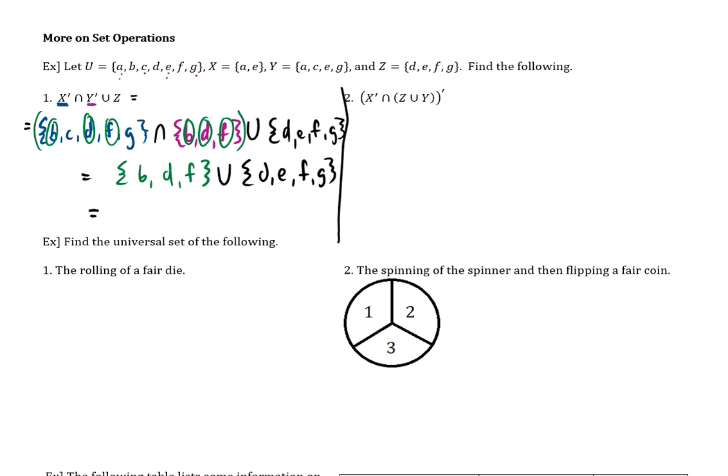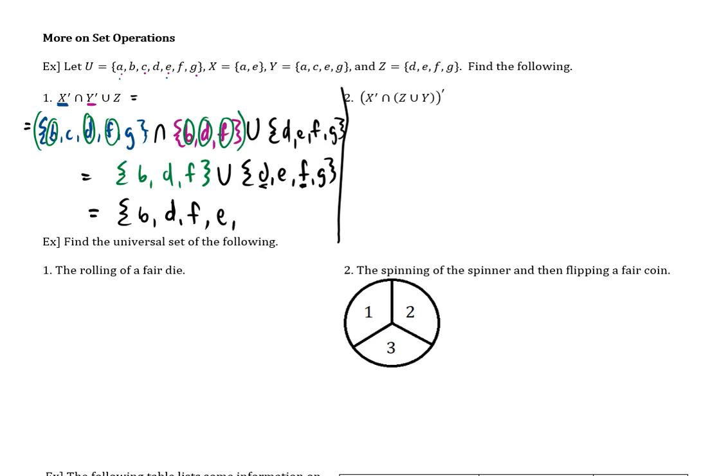Let me put my equals on the left. Now one more step. The union symbol is the one I like the most because it just tells me to list all of the elements that I currently see, just don't repeat any. So I'm just going to write the B, D, F. Then looking at my other subset, D I already have written. E I don't.